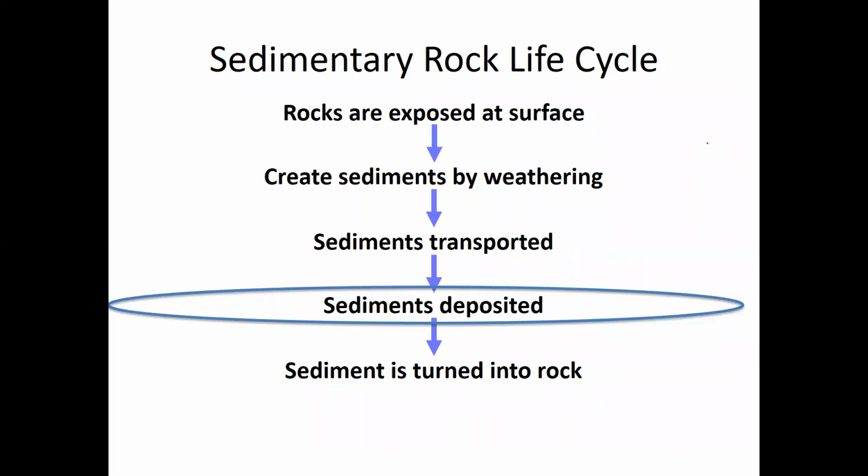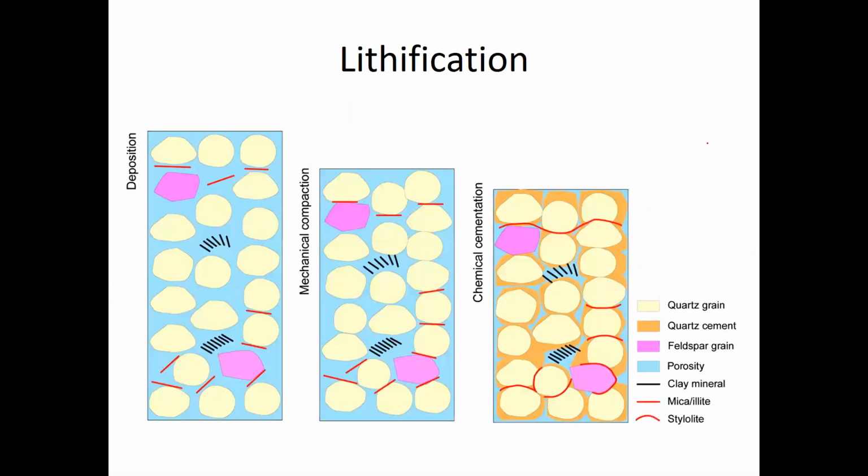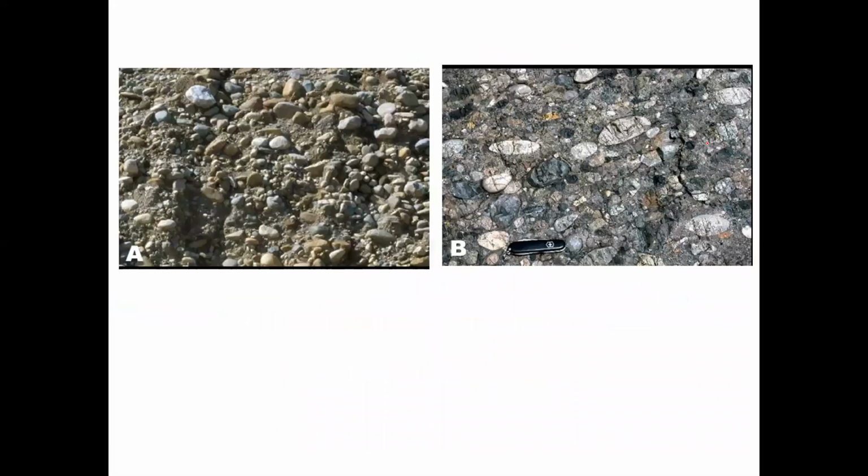So once sediments are deposited in horizontal layers and then turned into rock, with the process we mentioned, lithification, the sediment is compacted by the weight of additional sediments deposited on top of them. And then the minerals dissolved in water that seep through the sediment precipitate out and cement grains of sediment together, forming the consolidated sedimentary rock.